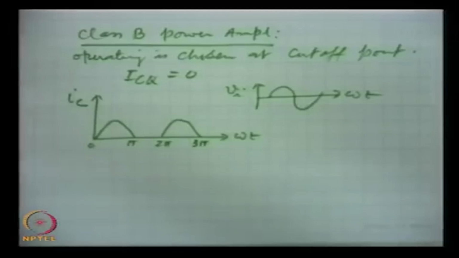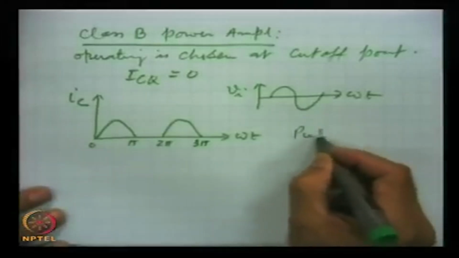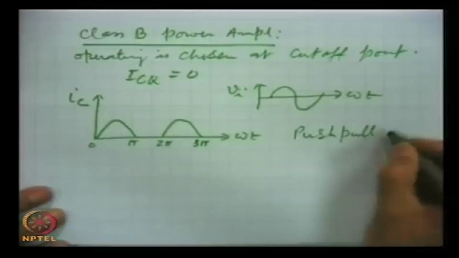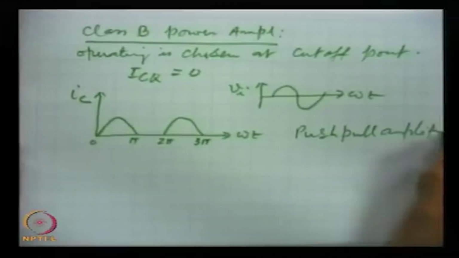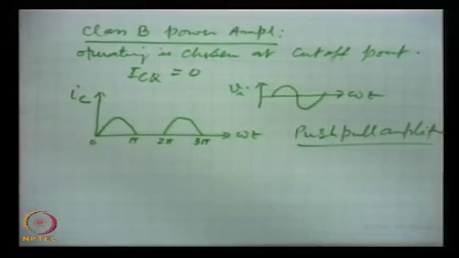So, how to make class B operation, class B power amplifier, useful? Instead of one transistor, two transistors are connected in a special circuit which is known as push-pull connection. The amplifier which makes use of push-pull connection of two transistors is known as push-pull amplifier, which is a class B amplifier.